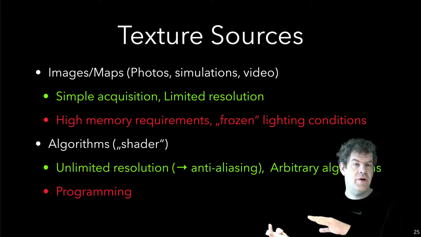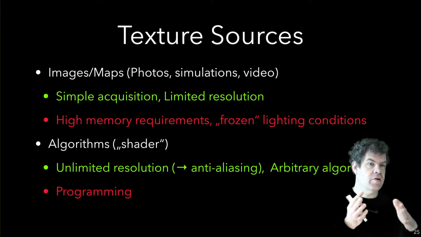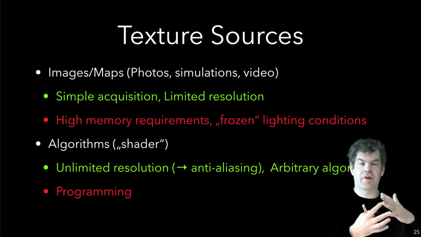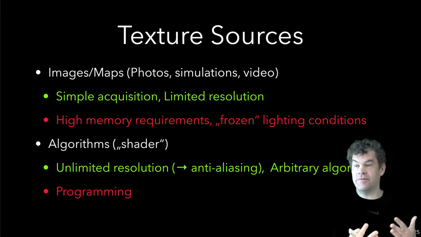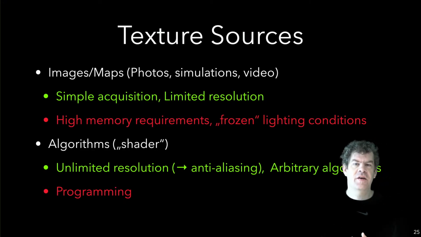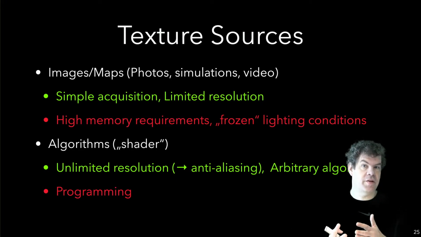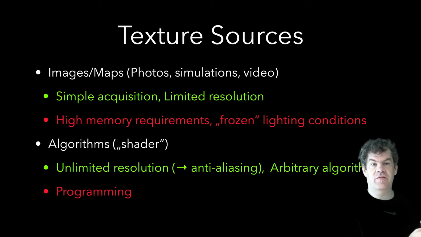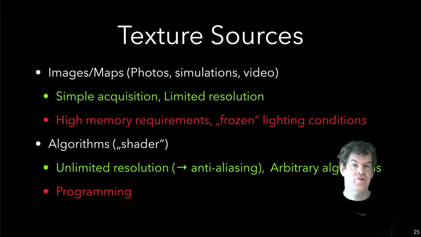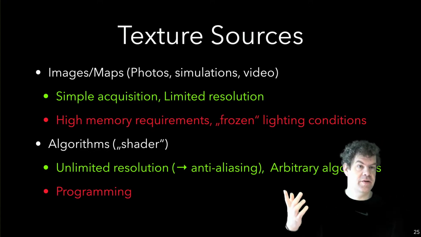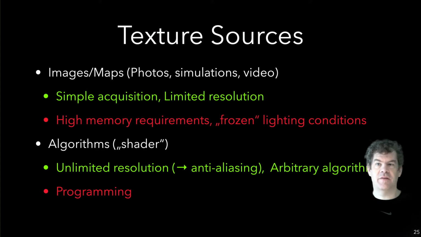So I had a light source somewhere, and that would cause certain reflections, refractions, shadows, all of that stuff. And that's all in that image already. That might be an advantage because I don't have to simulate it anymore. But what if I want to change the light source? What if I want to change the light source's position? Then I have to somehow undo that, which is not impossible, but it needs to be done.